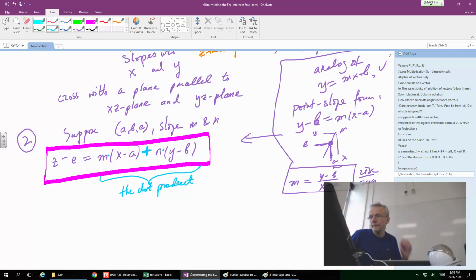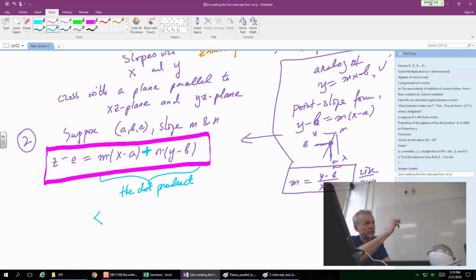So what's the first vector? Remember, the multiplication is coordinate-wise, and we have these two terms. One corresponds to x, the other corresponds to y.